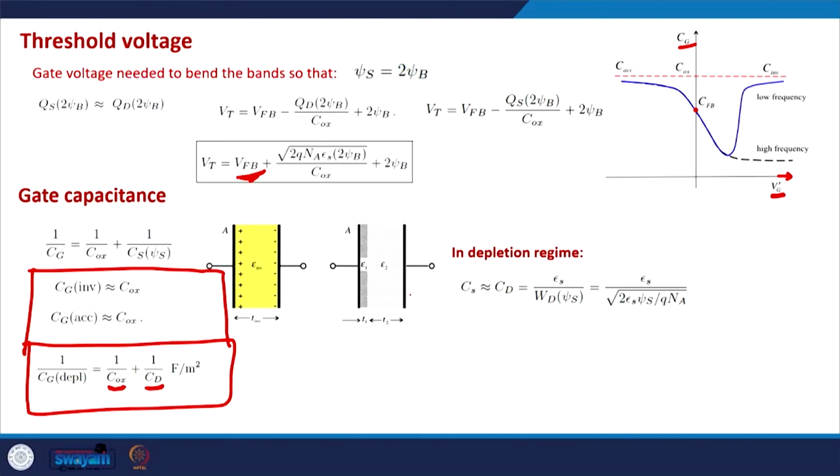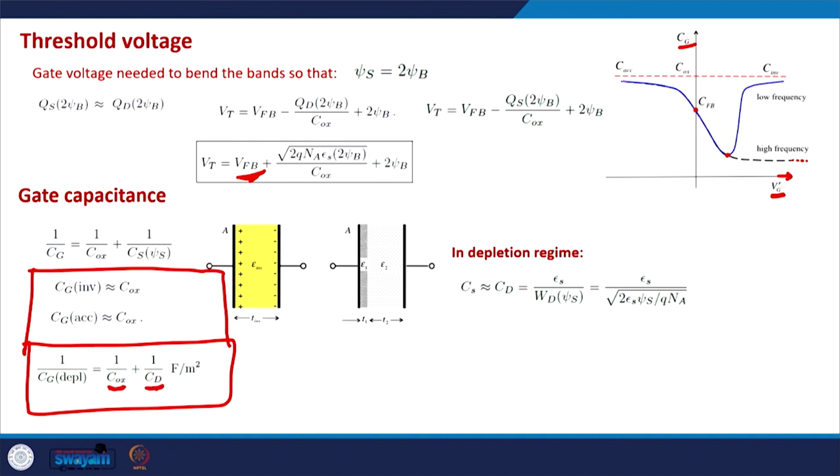So if the frequency is above a few megahertz, this inversion charge cannot respond and the semiconductor will have only the depletion capacitance. At high frequency, as you can see, the gate capacitance will be equal to the capacitance in the depletion region. This is the capacitance in the depletion region, and it is a cumulative effect of Cox and Cd.